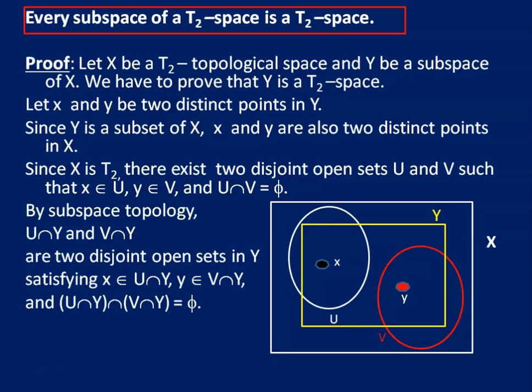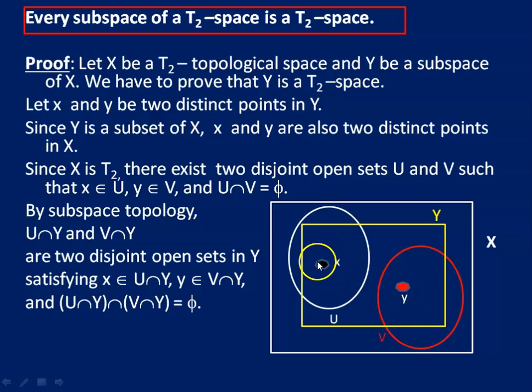Now by the subspace topology, this open set U is open in X, so U intersection Y is open in Y. Similarly, this open set V is open in X. By the definition of subspace topology, V intersection Y is open in Y. So this portion is U intersection Y, which is open in Y and contains x, and this portion is V intersection Y, which contains y.